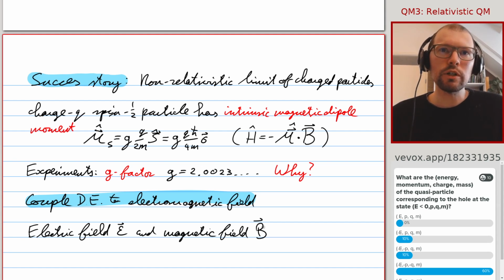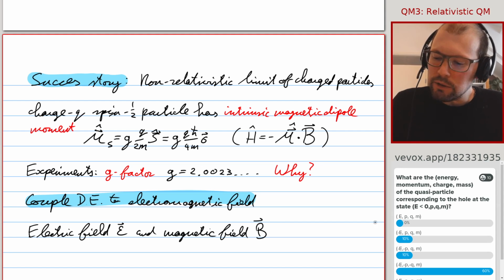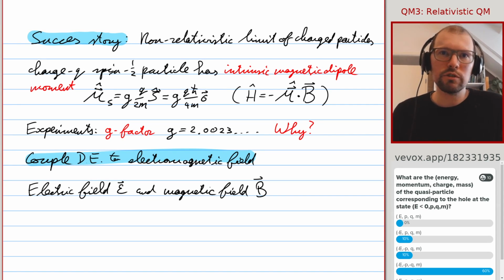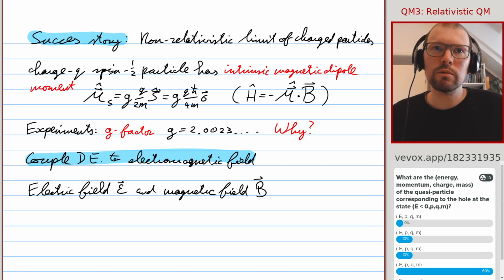Now next week we'll go into more details about the electromagnetic field and the Maxwell equations. For now we're just going to look at a static electromagnetic field and see what its effect on the particle is. So just for now, if you don't quite remember the usage of the scalar potential and the vector potential, just bear with me until next week.